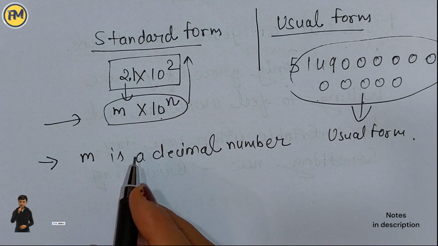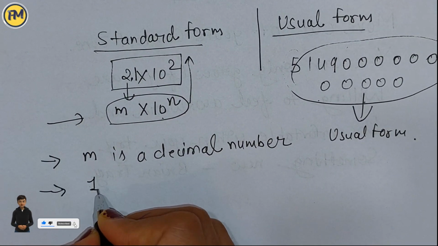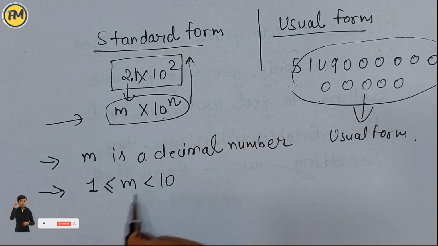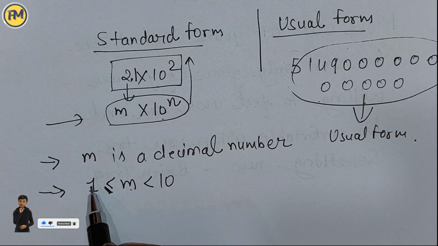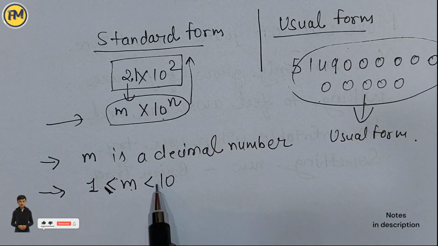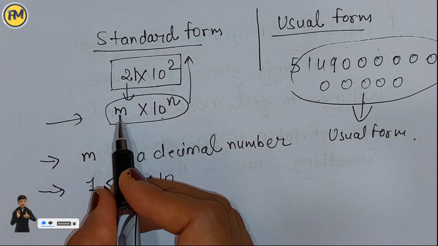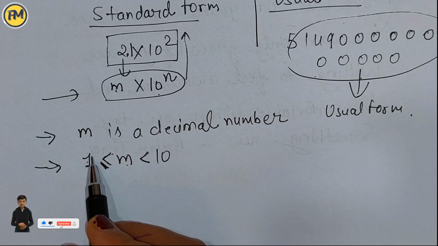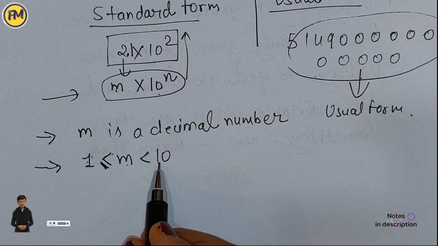The next condition is that m can be equal to 1 or greater than 1, and less than 10. This is the condition for m. This decimal number should be greater than or equal to 1 but less than 10.